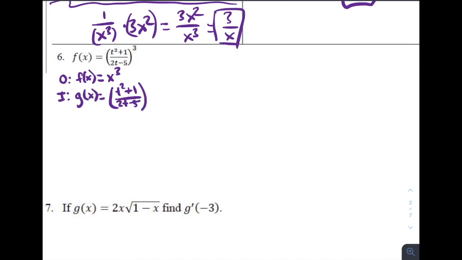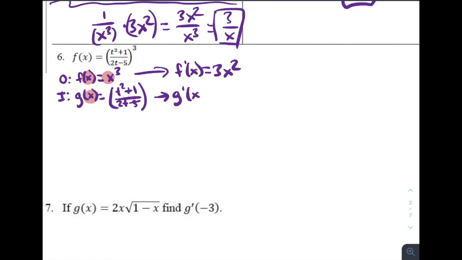That's the whole inside. And I guess technically, if we're going to be really clear, this should be a t, this should be a t, this should be a t. We would want all those to be t's to match the function, or at least the g of x piece has to be a t. It's probably okay if those are x's. Let's take the derivatives though. So f prime of x is equal to 3x squared.